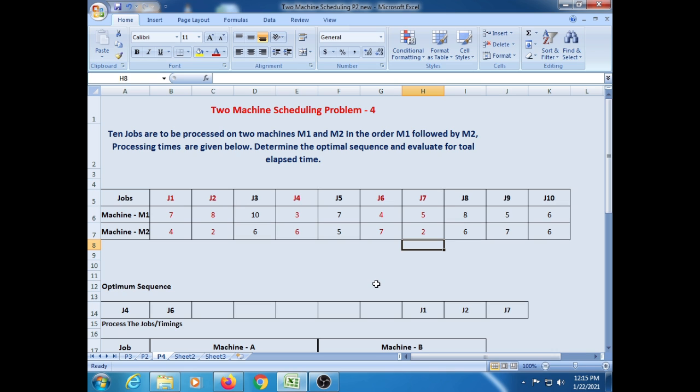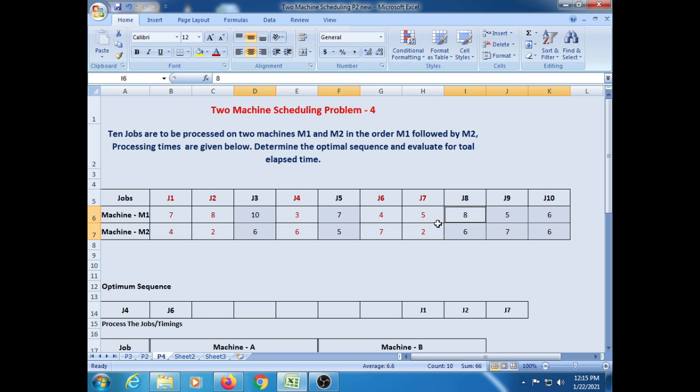After this, we check what are the other lowest processing times now. After 4, we have 5, one 5 here and here one more 5.